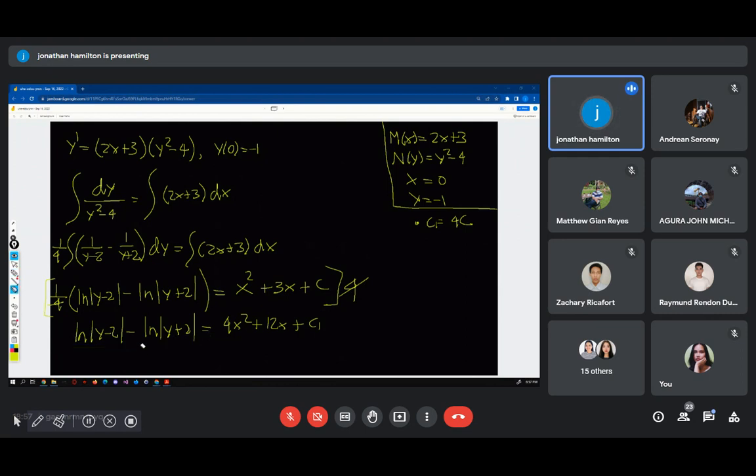Okay, so again, we have ln minus ln. So to get rid of the ln, we raise to the exponent.